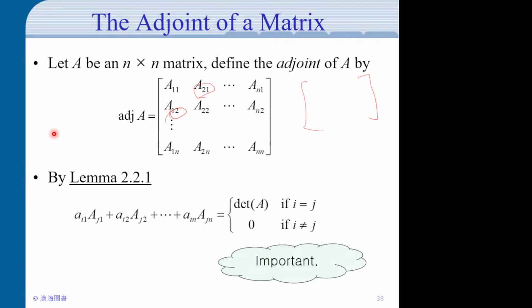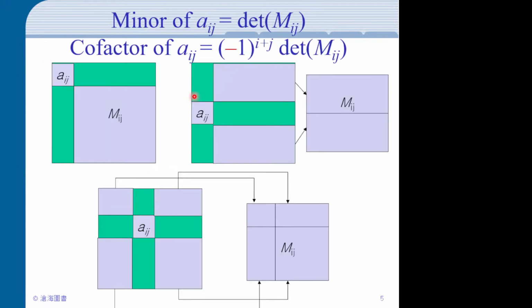Before going to the inverse, we define this adjoint matrix. So you start with an n by n matrix, and you can define a corresponding adjoint matrix. It is a matrix that's formed by all the cofactors. So remember cofactors, they are these things.